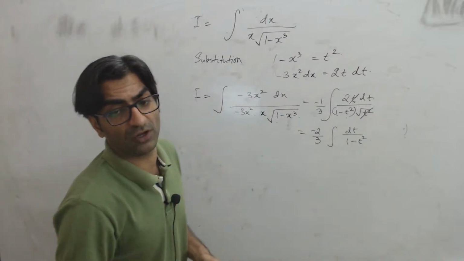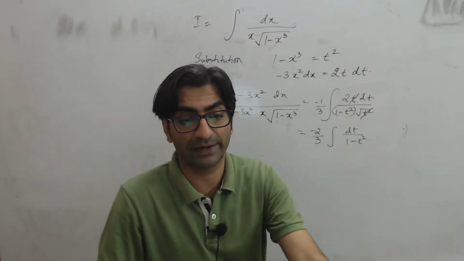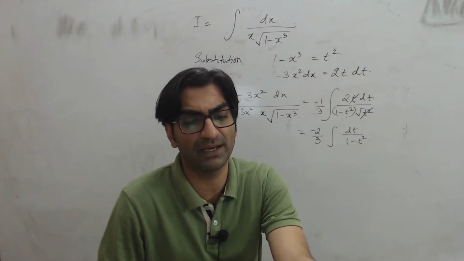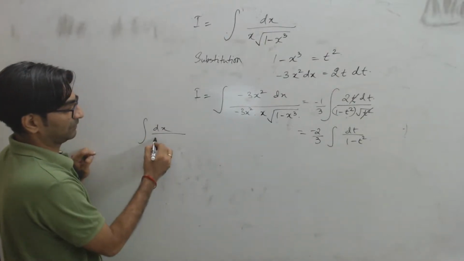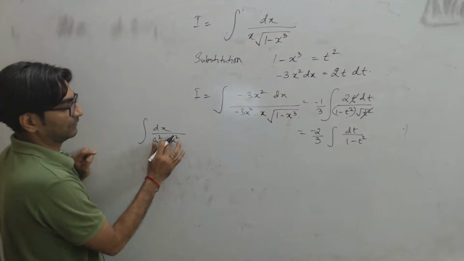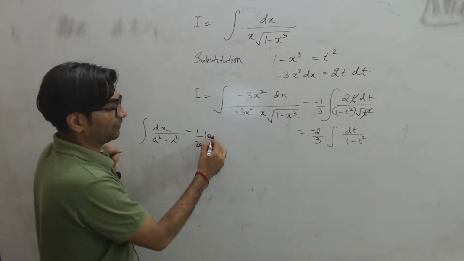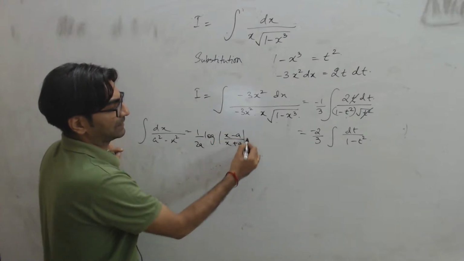Now what's the formula for integral of dx upon a square minus x square? Integral of dx upon a square minus x square is 1 by 2a into log of x minus a by x plus a plus c, right?